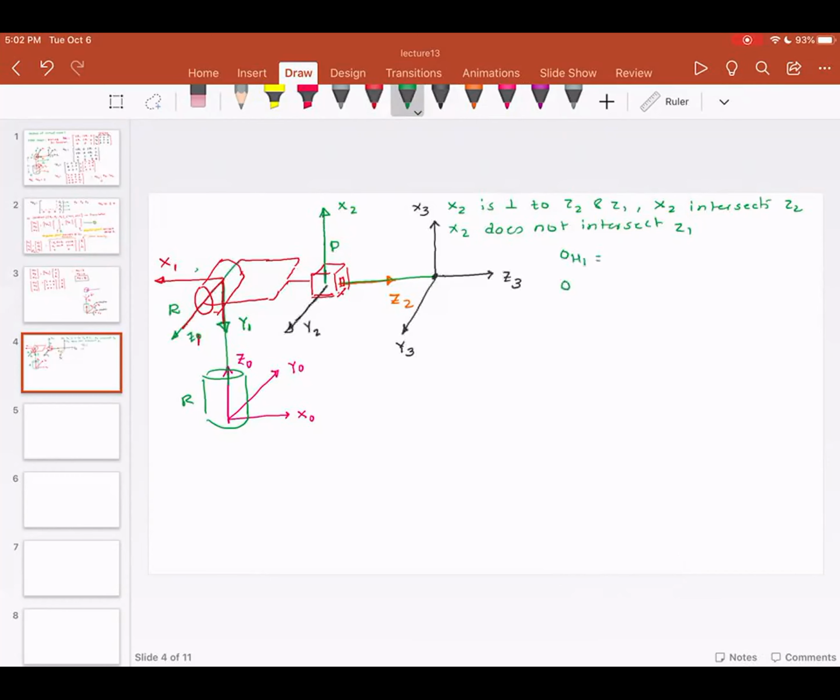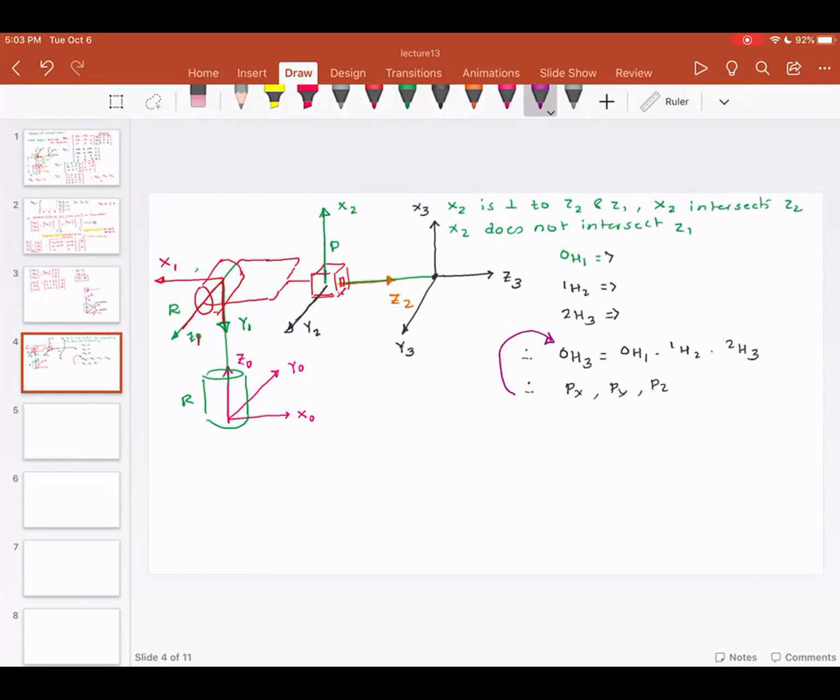We need to find 1H2, and then we need to find 2H3. Then finally we have to find 0H3, which is 0H1, 1H2, 2H3. Then we have to find out px, py, pz from 0H3, and then use the Jacobian command.